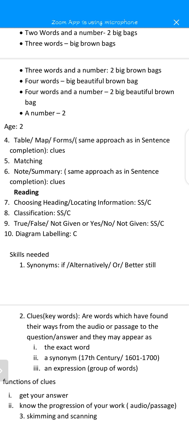Now, as it comes to reading, you have choosing heading, locating information question. Number 8, classification. And classification is maybe typical to reading.